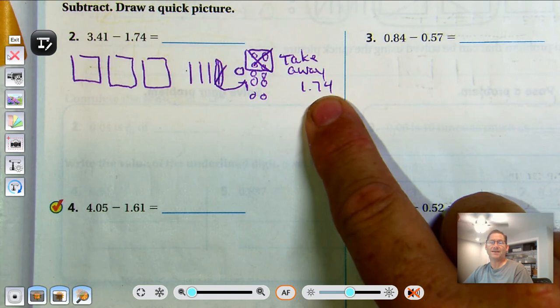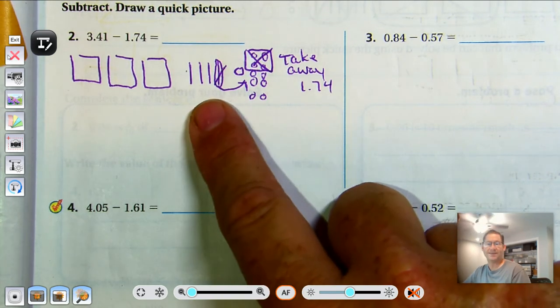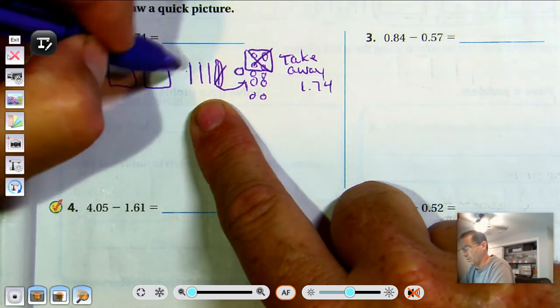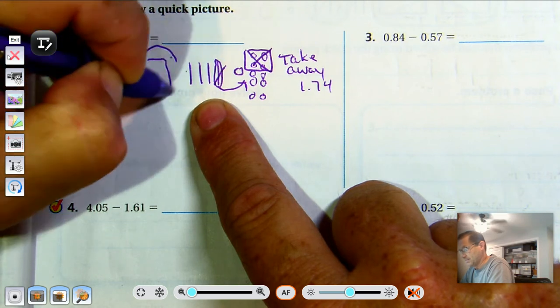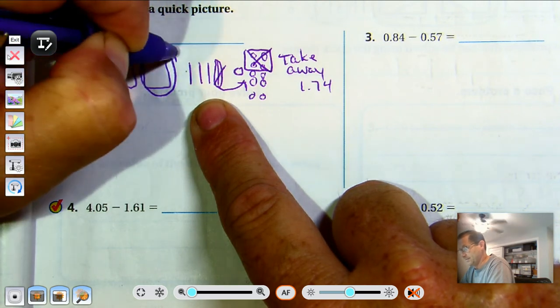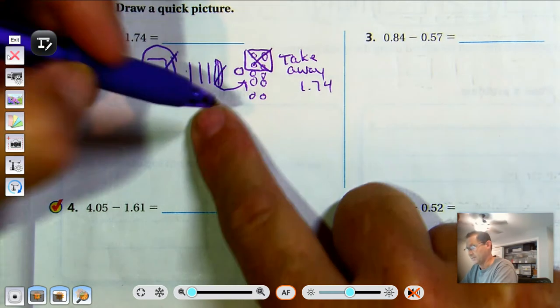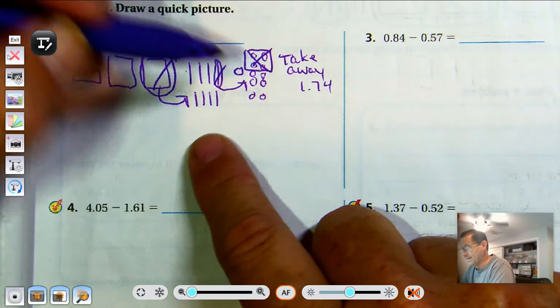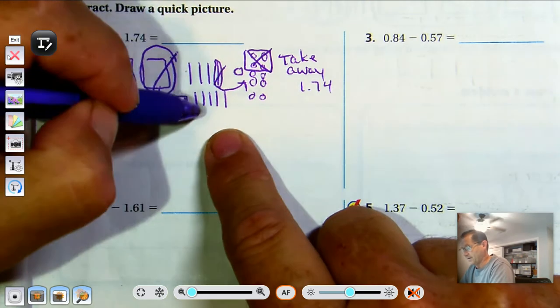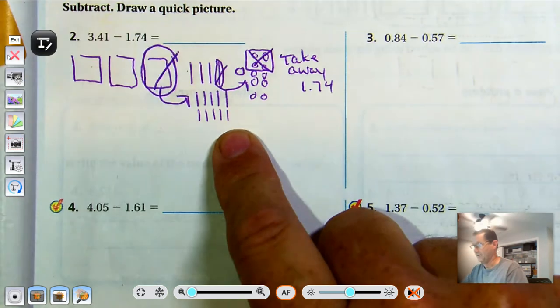Now we have to take away 7/10. Well, I only have 3/10 left. So I'm going to have to regroup from the ones place. So I'm going to circle that, cross it out, because I'm going to exchange it for 10 tenths, for 10/10. 5, 6, 7, 8, 9, 10. All right.